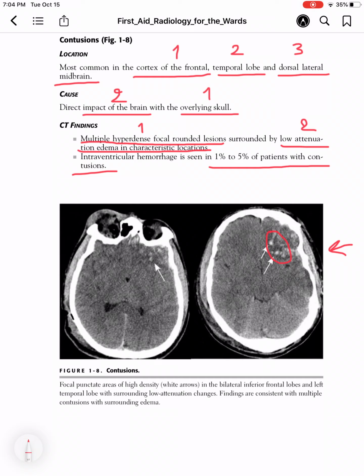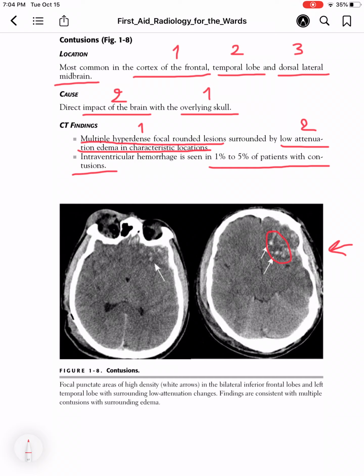The picture on the left side shows us something rather different, and this is the second point, which is low attenuation edema in characteristic locations. When you have these white spots, you should also take a look around them. Don't just look at the small white lesions and say, okay, this is contusion. No, the second important key is that you must find low attenuation edema.